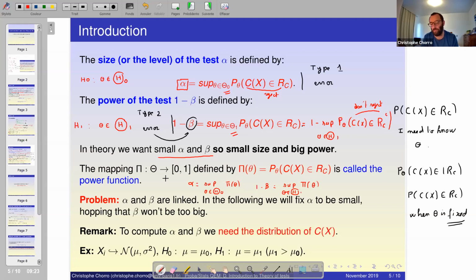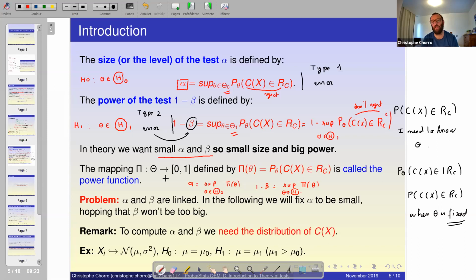So when we build a test from a statistic, building a rejection region or a critical region, it's the same vocabulary, in fact, it's in order to fix my type 1 error to be small. And then I study the power to check if my test is not that bad, that is, with a type 2 error that is not that big.